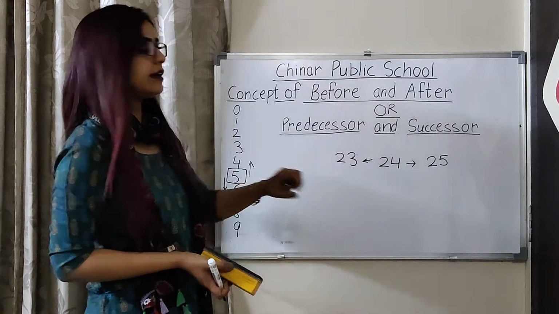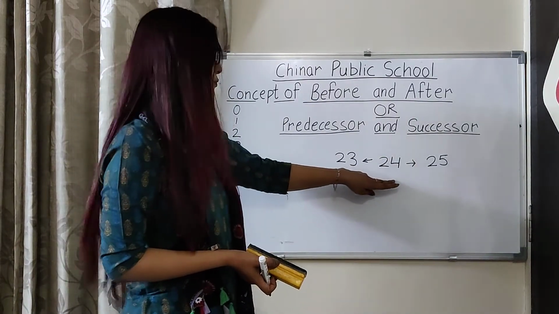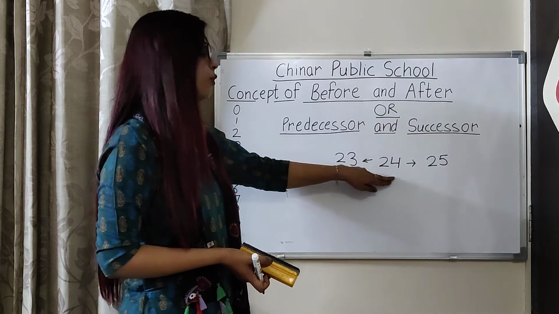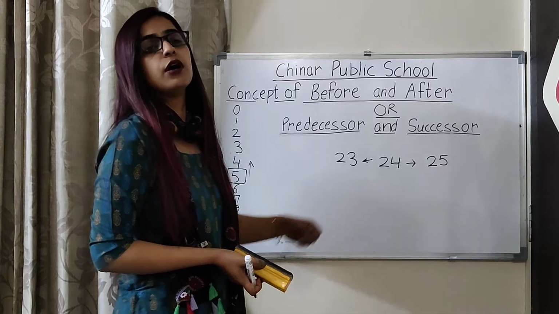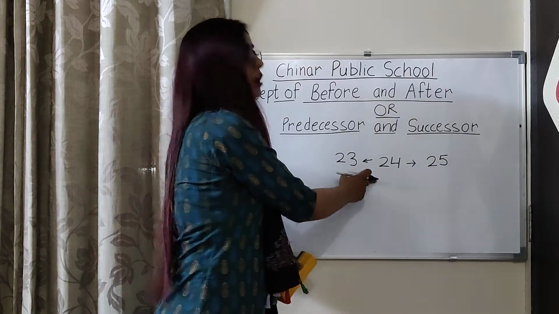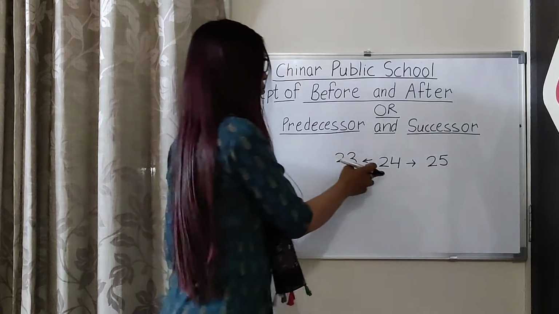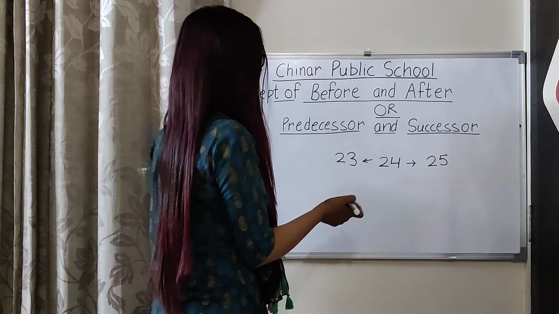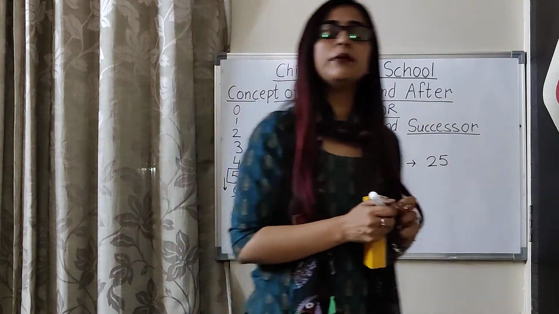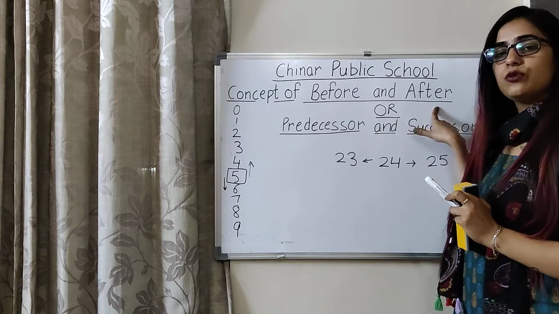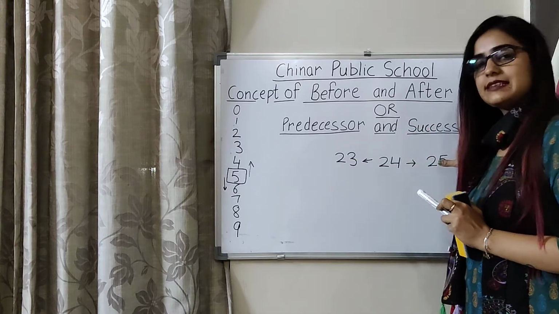What comes before 24? 23. And what comes after 24? It's 25. In the same manner, before को और हम क्या बोलेंगे? Predecessor. And after को we can call it successor.